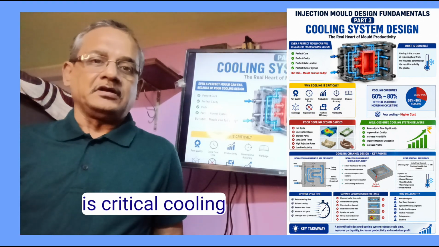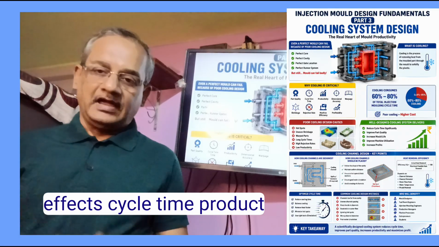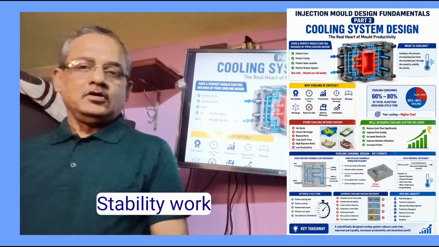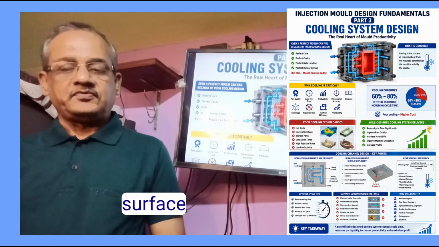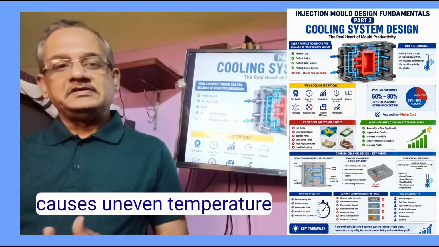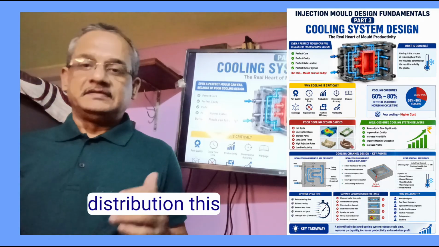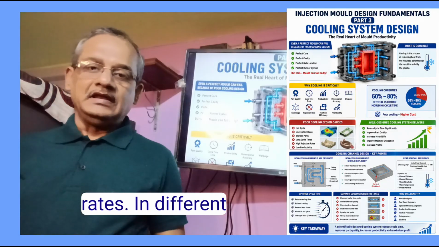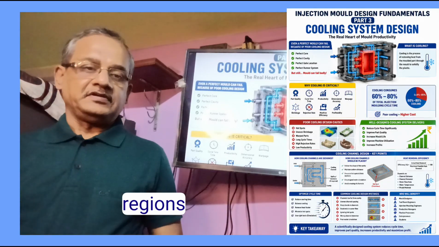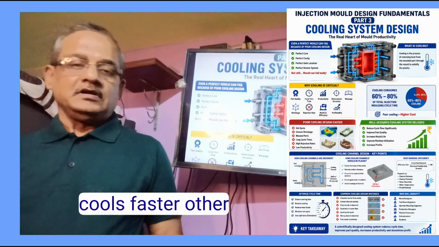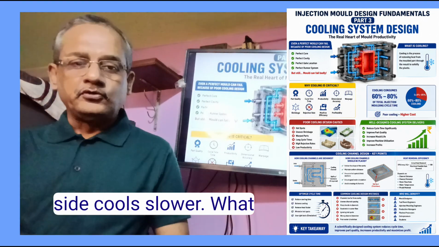Why is cooling critical? Cooling affects cycle time, product quality, dimensional stability, warpage, and surface finish. Improper cooling causes uneven temperature distribution. This leads to different shrinkage rates in different regions. Example: one side cools faster, the other side cools slower.